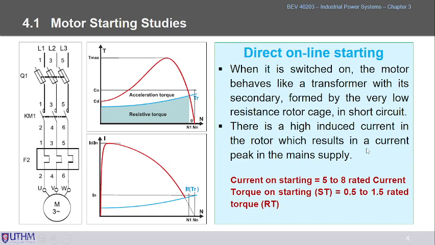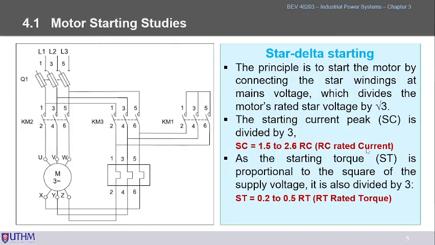It will cause a lot of problems, especially for the switching elements. It will disturb your switching elements as well, and it will introduce transients as well. A lot of unwanted power quality issues will come in from the starting method of the motors.